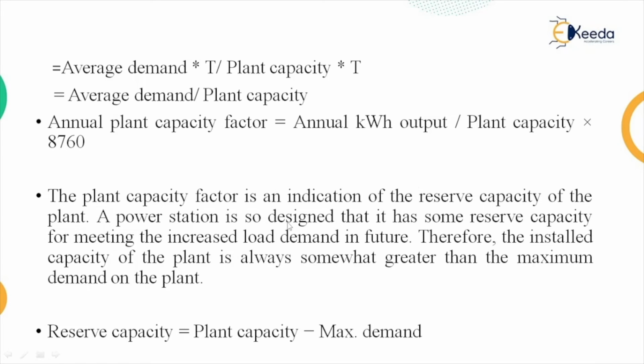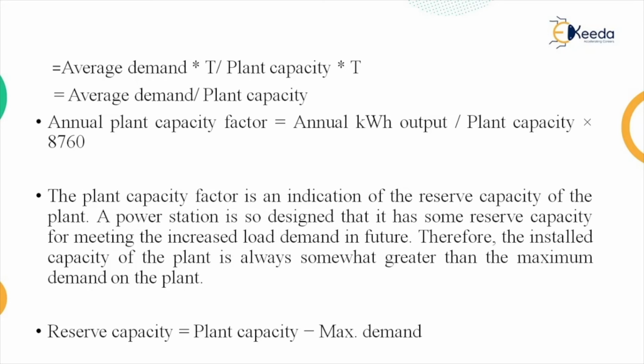A power station is so designed that it has some reserve capacity for meeting the increased load demand in future. Therefore, the installed capacity of the plant is always somewhat greater than the maximum demand on the plant, because day by day the demand of electricity goes on increasing as globalization and industrialization occur.